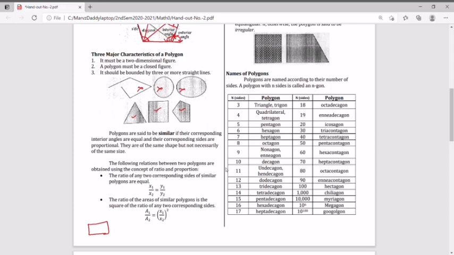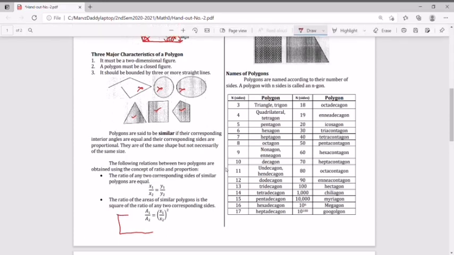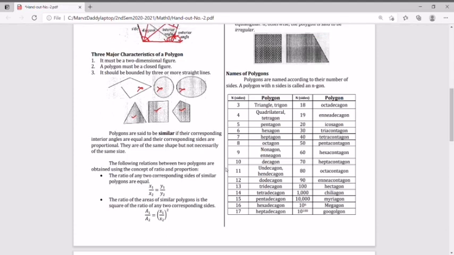I'm sorry, but it's not perfect. So, not necessarily that they are equal, but they are proportional.